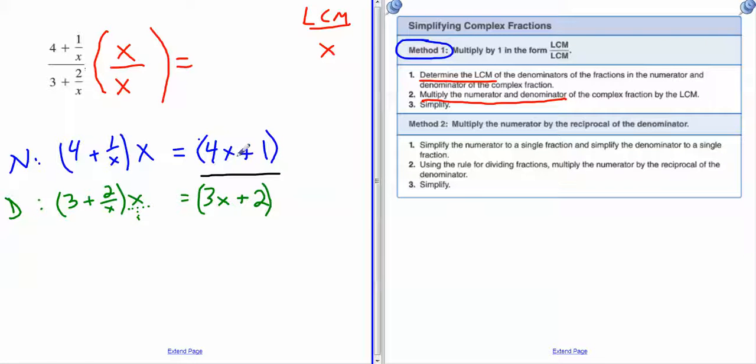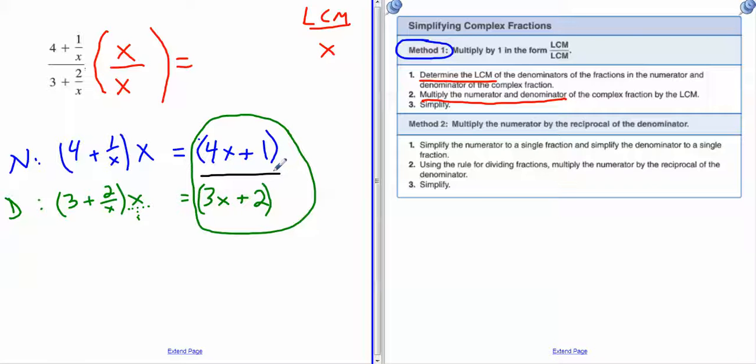We can cancel an entire 4x plus 1 with a 4x plus 1, but we can't cancel the 4 and the 2. Can we factor anything out of 4x plus 1 or 3x plus 2? Neither can, so essentially there's our answer: 4x plus 1 over 3x plus 2.